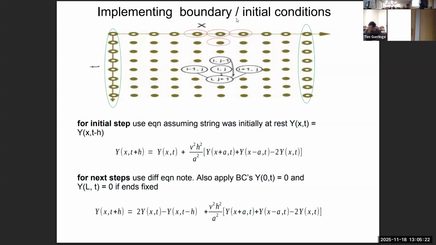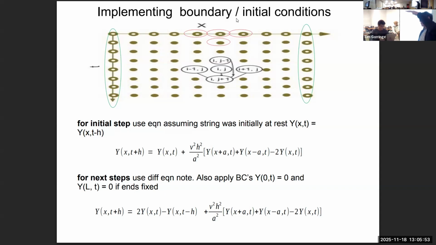What about the very first step? So the very first step, I've indicated it in red upstairs there. Well, you have the current values of the position of the string. Imagine you pluck the string, that's your initial conditions. You have those, but you're going to need the prior values.